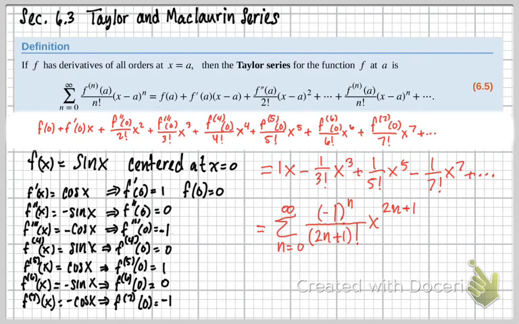One more thing to consider here: since we were centered at 0, that means it was a Maclaurin series. And if you notice, this formula is for an a in general. Ours turned out to be 0, which is good, and they're a lot easier to compute that way. We just find derivatives and plug in 0. That's usually pretty nice. So we actually found this series for the sine of x. What's cool about it is this is just an infinite polynomial, which really violates the definition, but the idea is nice.